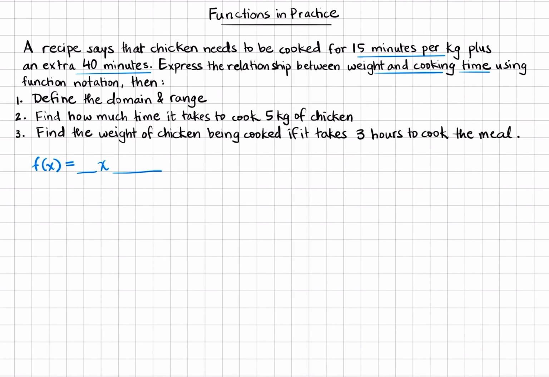My input will be the x and my output will be the f of x. The input will always be the thing that I'm controlling, the thing that I can change. So what's the thing that I'm controlling in this situation? It's the weight of the chicken.